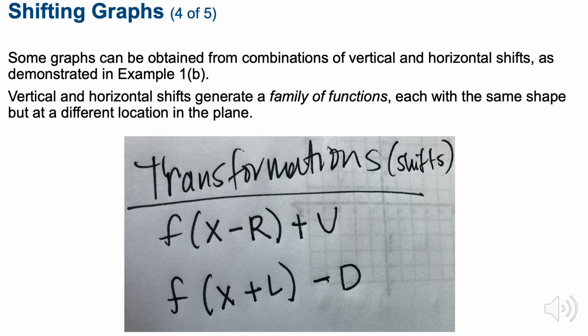So if it's x minus a number, it's to the right, and if it's plus, it's to the left. This is something I used to use like 12 years ago, and this was really helpful to people. So you can generate a family of functions with the same shape but different locations in the plane, as they've just been shifted.